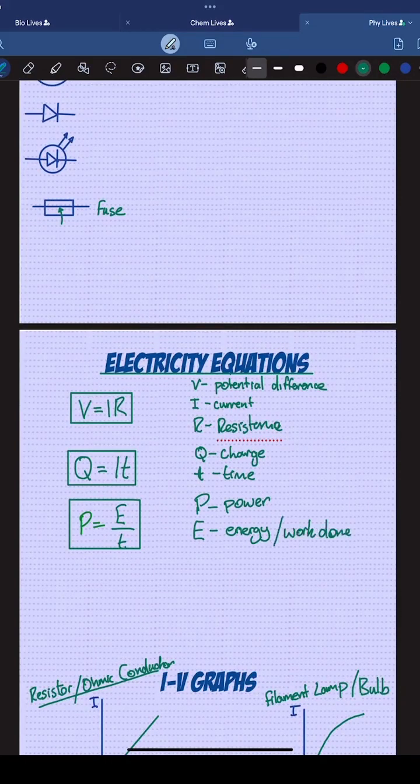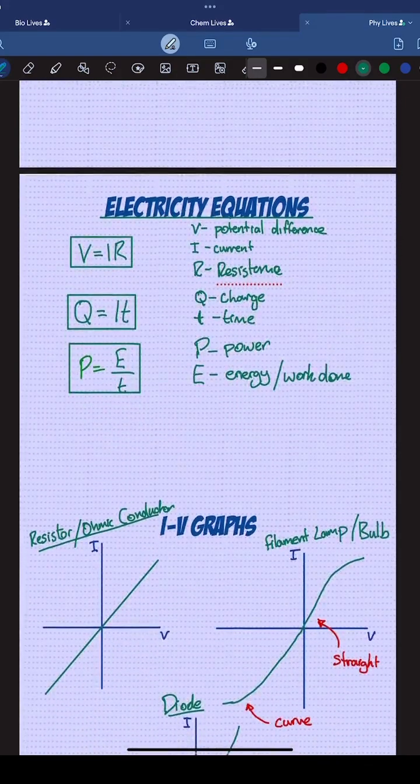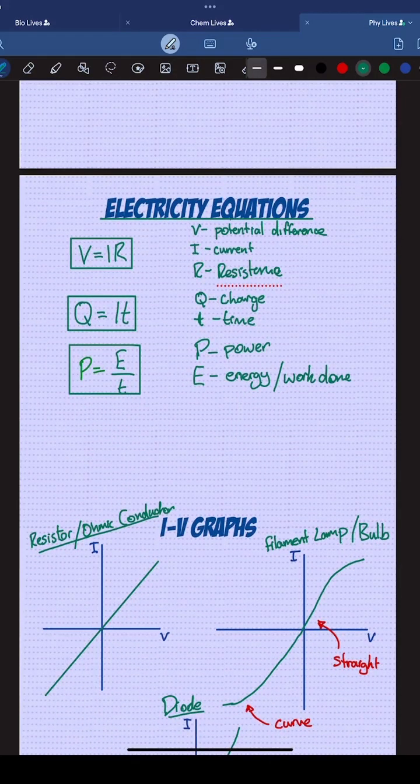We still have three more equations. So next one, we got P equals IV. You guys heard of that? It's another power one. There's 3 power ones in total. We've written 2 of them down. P equals IV, so that's power is equal to current times potential difference.